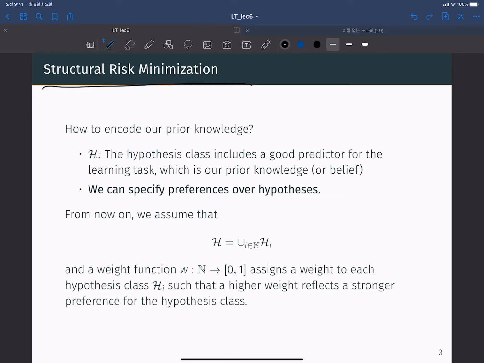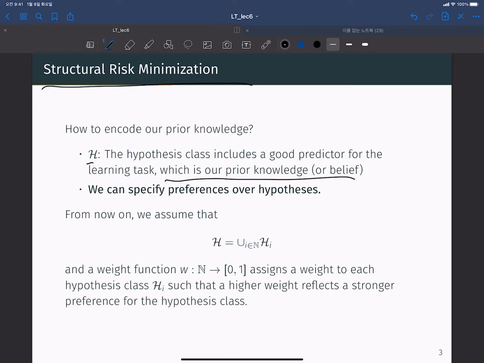So how do we encode our prior knowledge, especially on hypotheses? Let H, the hypothesis class, include a good predictor for the learning task, which is our prior knowledge. Usually the hypothesis class itself is the prior knowledge we use, because there are really infinitely many different functions, and each function can define an input and output pair.